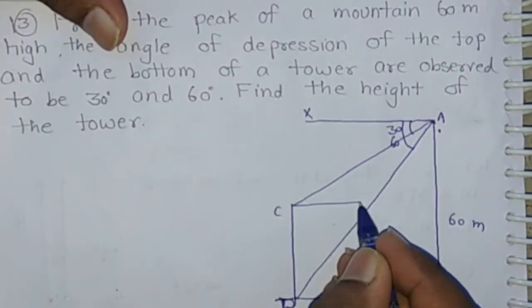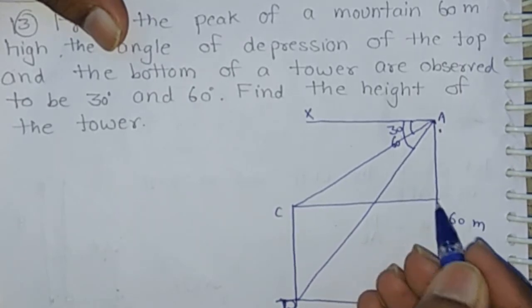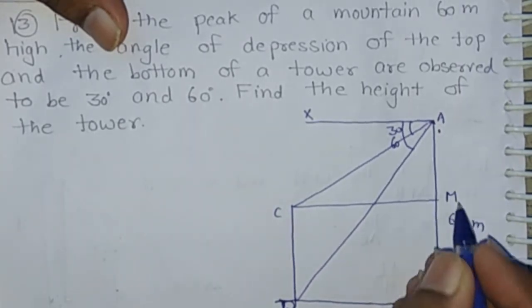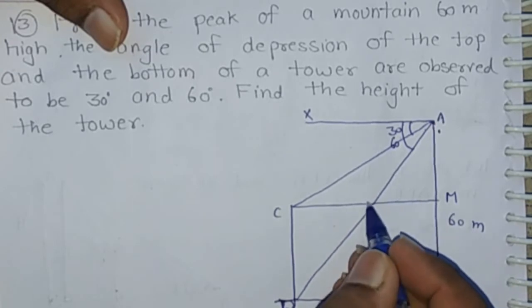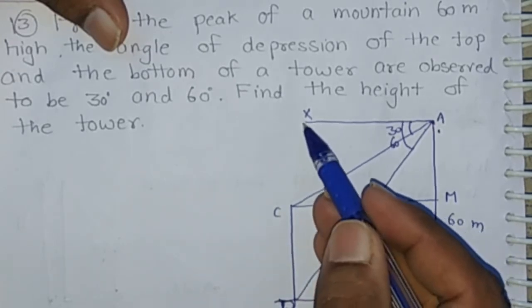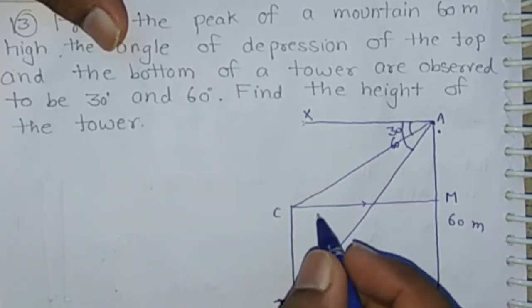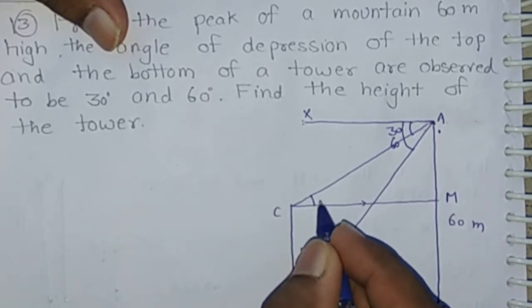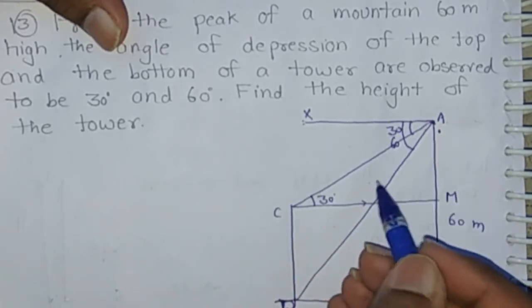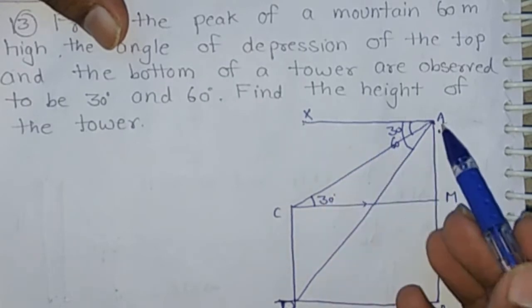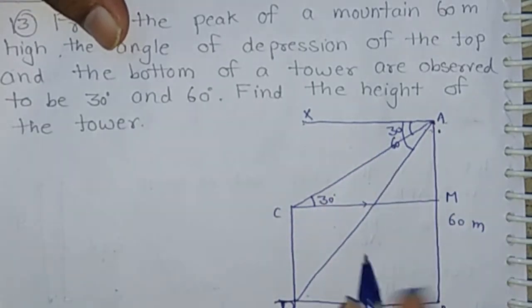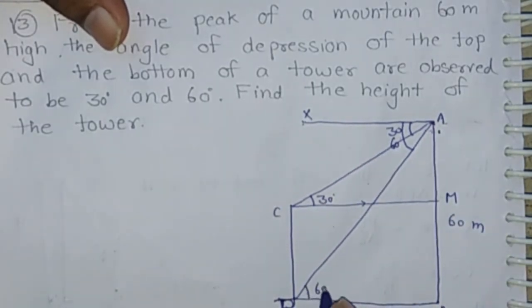Draw a line. We have CM parallel to AX, therefore angle XAC is equal to angle ACM. Alternate angles are equal. Similarly, angle XAD is equal to angle ADB, which is 60 degree.